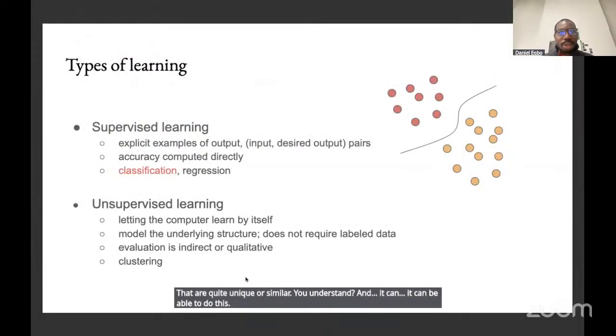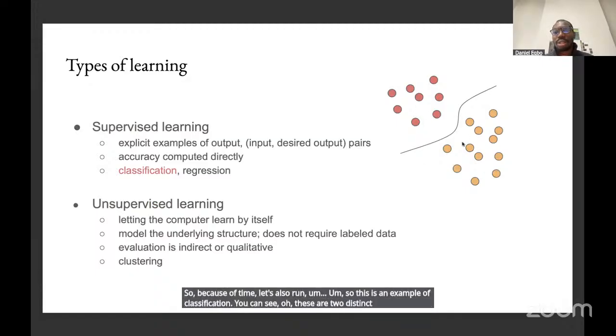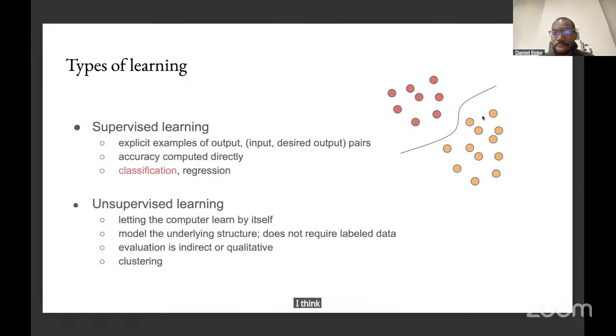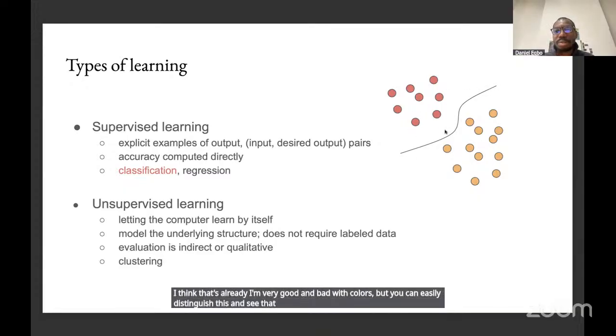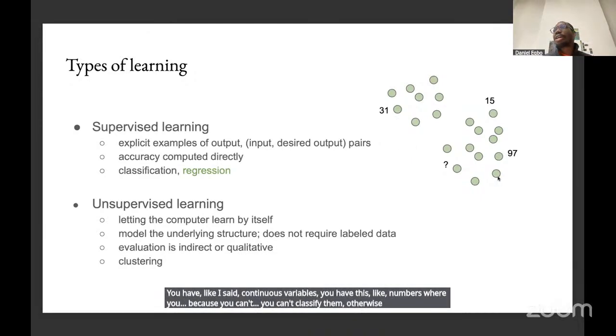Because of time, let's also run through this. This is an example of classification. You can see these are two distinct objects. Sorry, I'm very bad with colors, but you can easily distinguish them as a set of distinct objects. On the other hand, for regression, you have continuous variables, just numbers, which you can't classify, otherwise you would have a limitless number of labels.